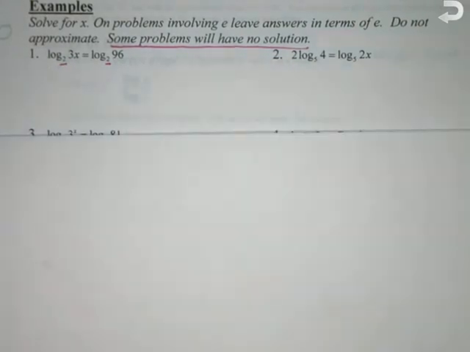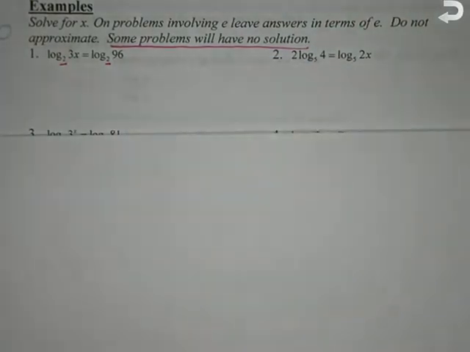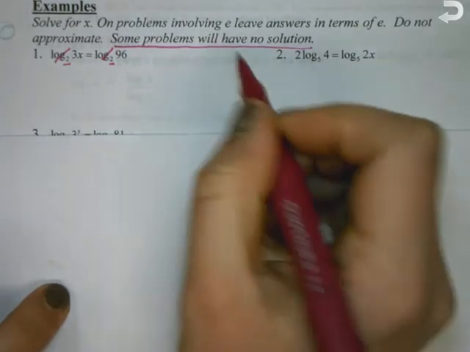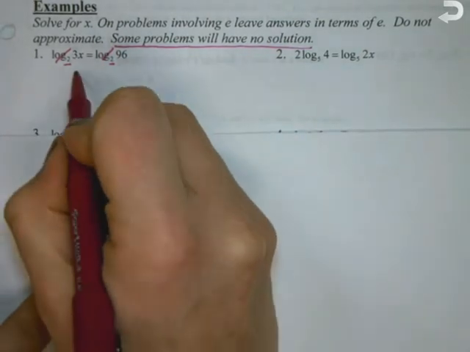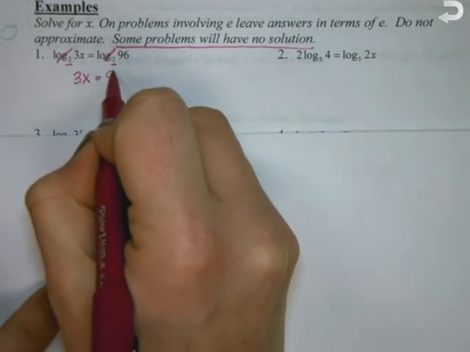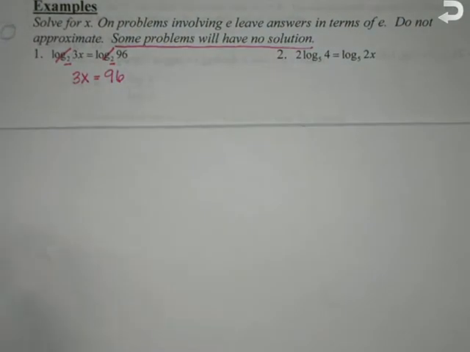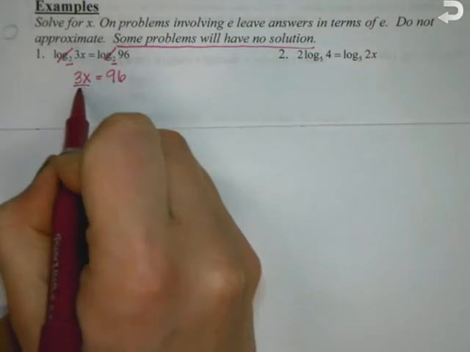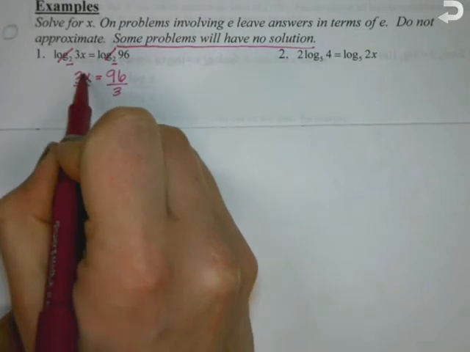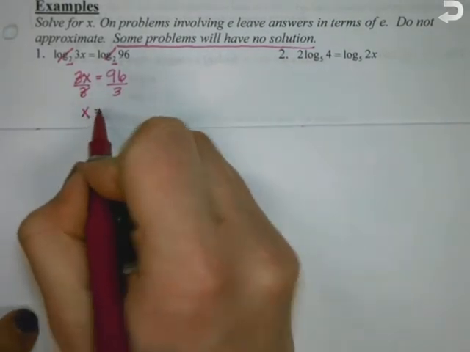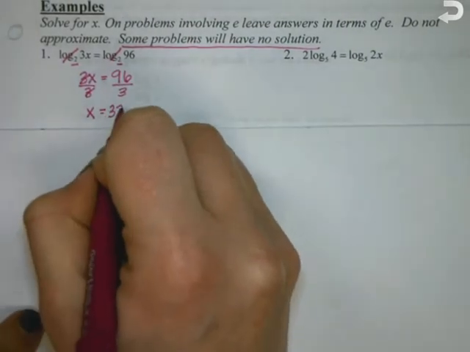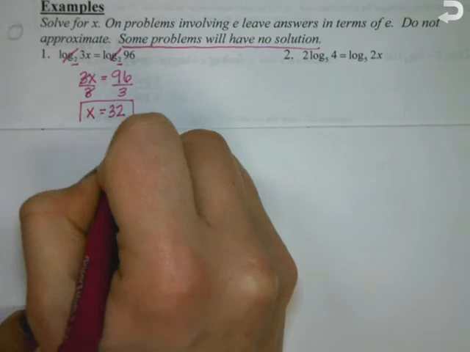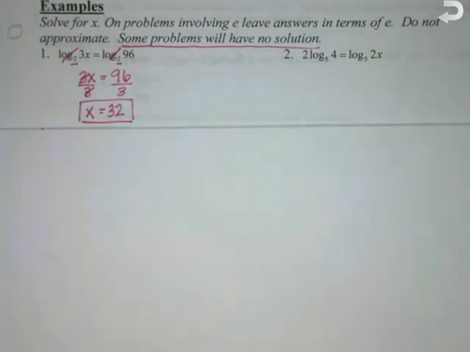So we can drop the log and rewrite it as 3x equals 96. Now we divide both sides by 3, and we get x equals 32. And that's it.